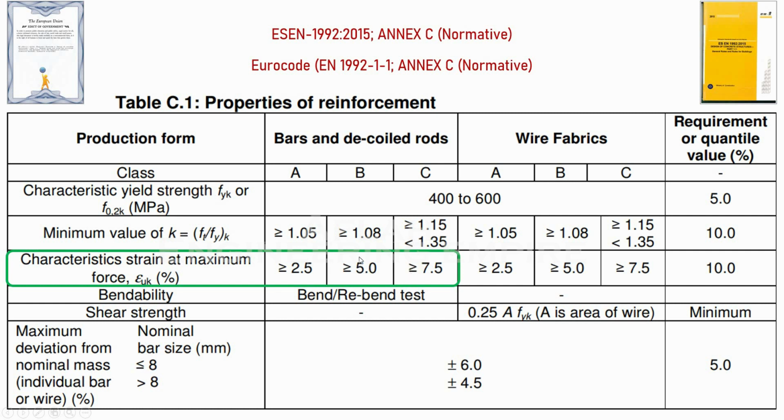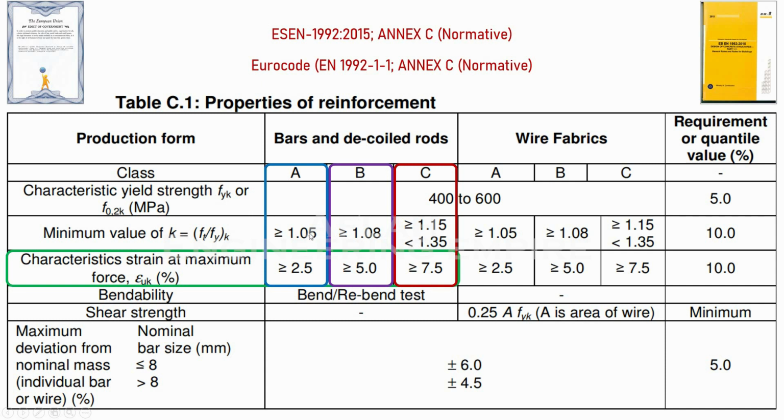The k value I have been talking about is given here. For class A, k is greater than or equal to 1.05. For class B, the generally used one, it is greater than or equal to 1.08, so you can use 1.08, 1.09, or maybe 1.1; you can play around that value. For class C, you may use these factors.